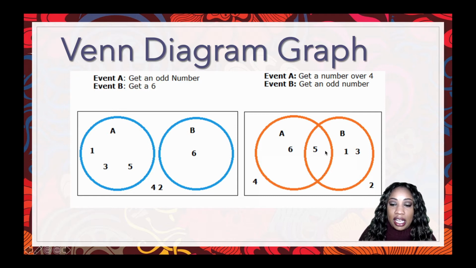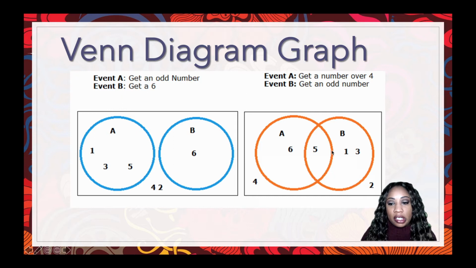Now let's look at the second example. So for event A is to get a number over 4. So in my circle for A, number over 4 is 5 and 6. And for event B is to get an odd number. So in my circle B, I have 1, 3, and 5. Now again, 2 and 4 are not over 4 or an odd number.